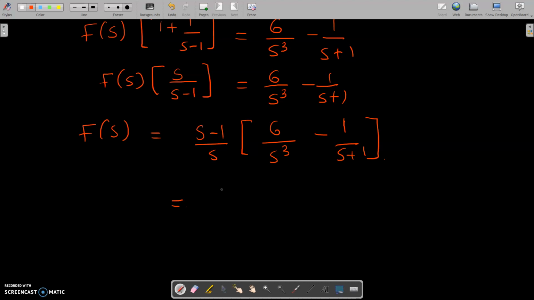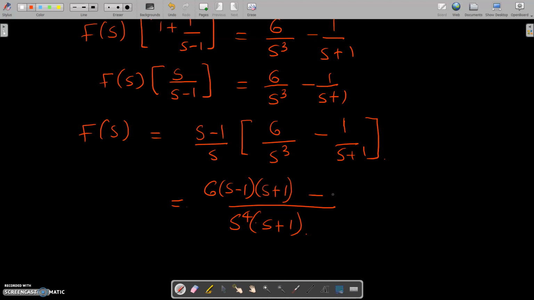Which implies common ആയിട്ട് എടുക്കുകയാണെങ്കിൽ that's equal to, this is s raised to 4 into s plus 1 ആയിരിക്കും ഇവിടുത്തെ common term വരിക. 6 into s minus 1 into s raised to 4 ഉണ്ട് s plus 1 minus ഇവിടെ s plus 1 into s ഉണ്ട് so s minus 1 into s cube വരും into s cube.